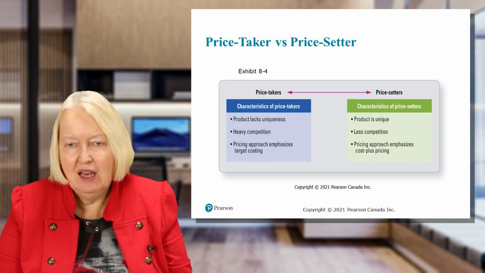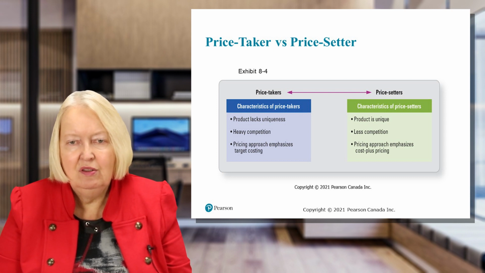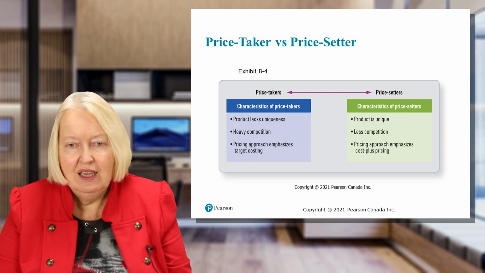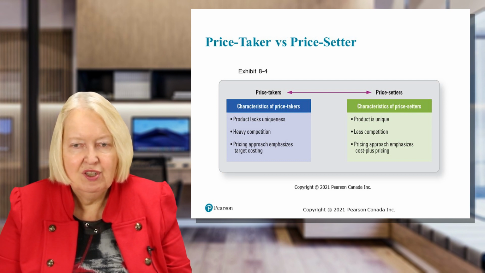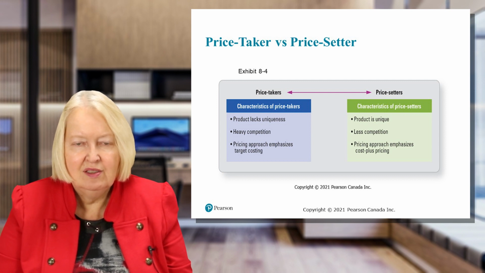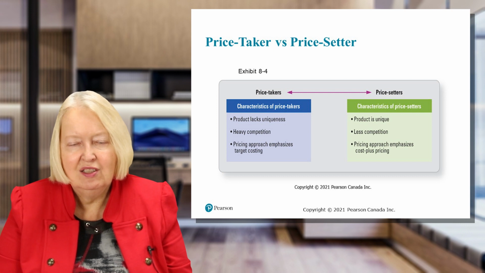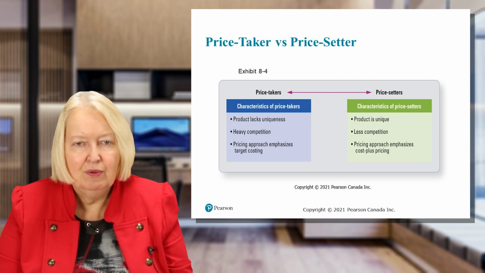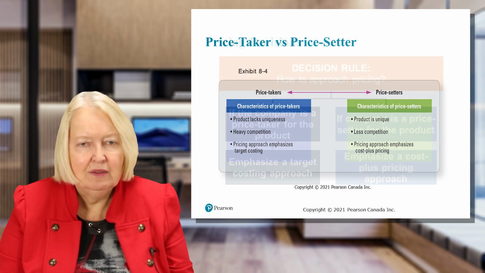However, on the flip side, price setters, here's when you have a product that's unique. There's less competition, and the pricing approach here, you look at your cost plus pricing. Whereas if you're a price taker, you have to look at your target costing, and I'll go through that shortly.